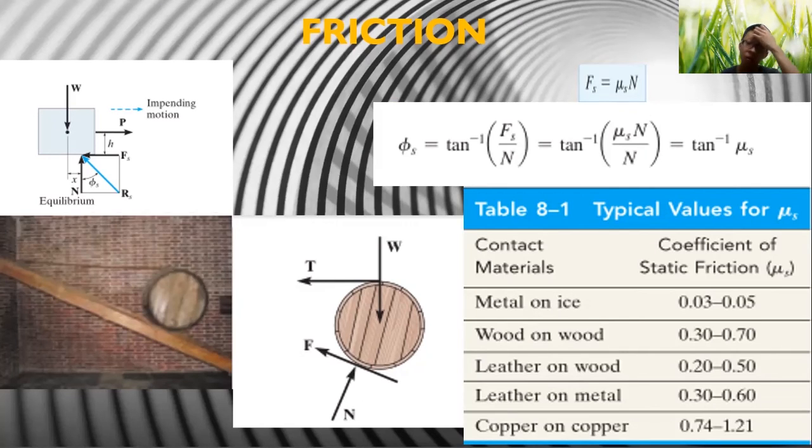And the formula for friction is the coefficient of static friction times the normal force.